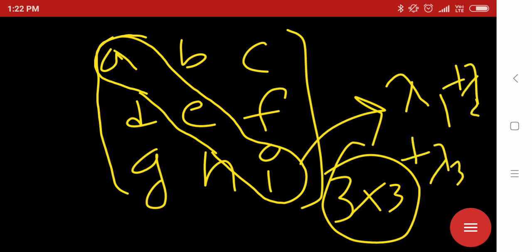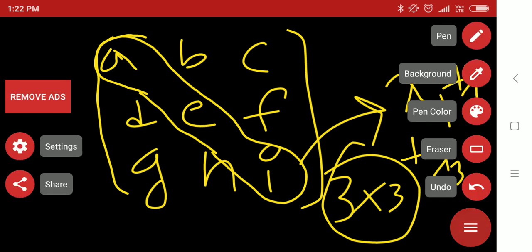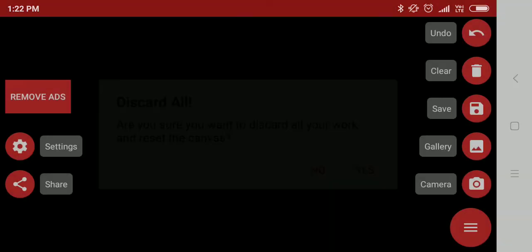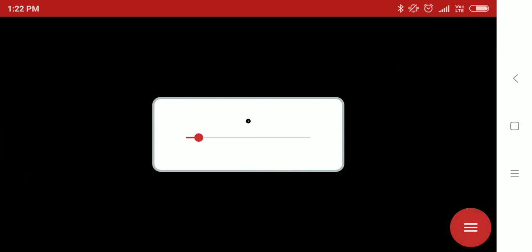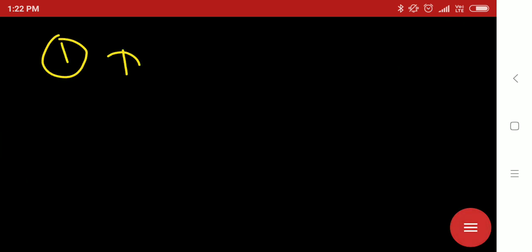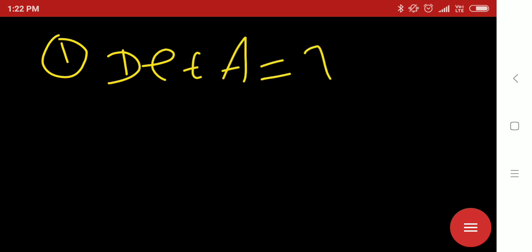So the trace of the matrix is the sum of the eigenvalues, and the second formula, which is applicable for solving this question since the determinant is given, is that the determinant of a matrix equals the product of the eigenvalues, lambda 1 into lambda 2 into lambda 3.